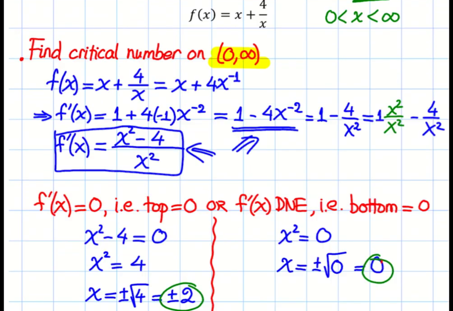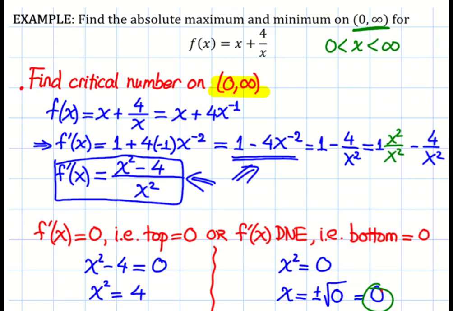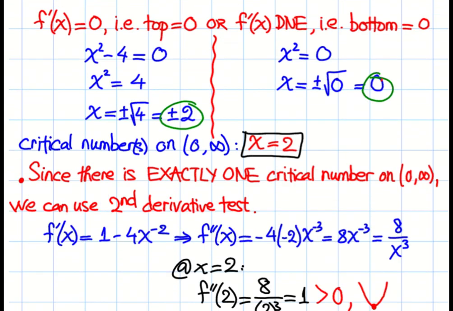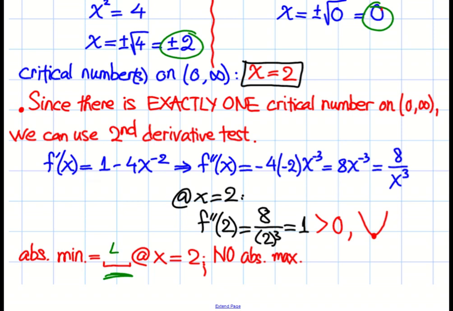We go back to the function, f of x equal to x plus 4 over x. So when x equal to 2, that is equal to 4. So the value of the function is equal to 4, and that is the absolute minimum value when x equal to 2, and there is no absolute maximum.